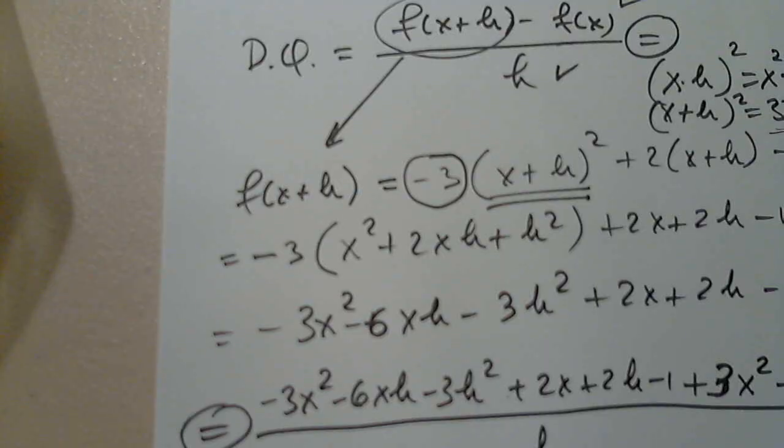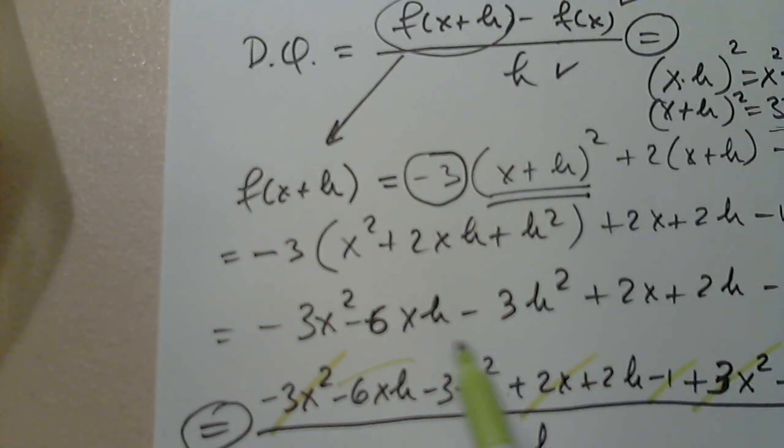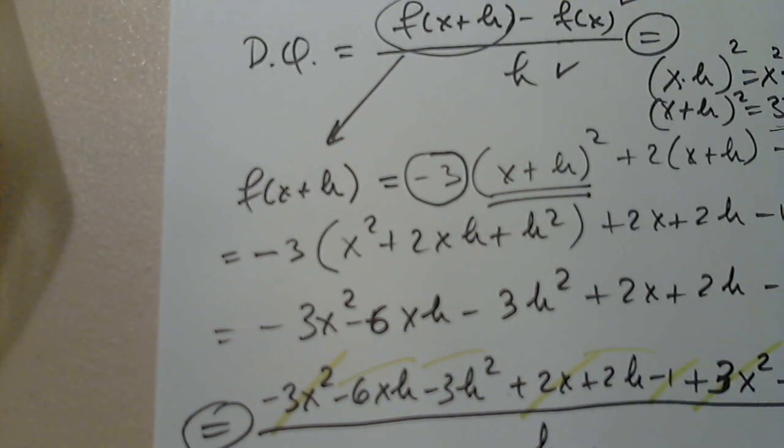And you have to remember what needs to happen, which is absolutely mandatory. All terms without h must go away. If some terms with h go away, it's even better. But definitely those with no h must go away. And now we have 3 remaining terms. They all have h in common.